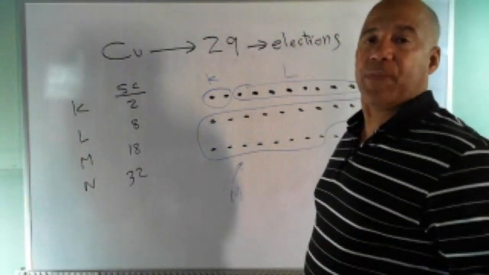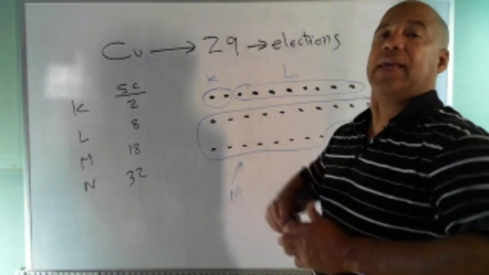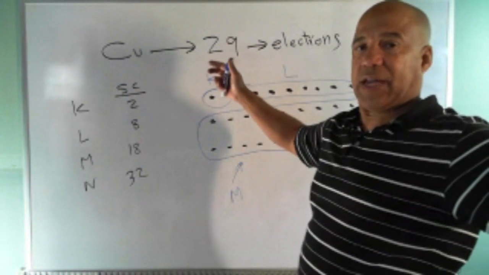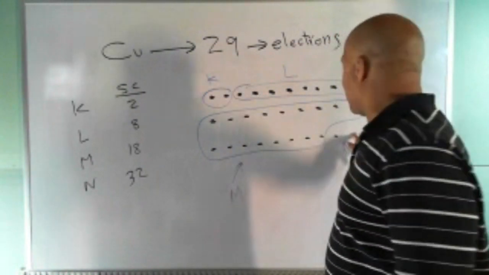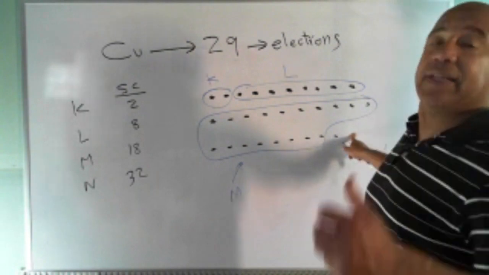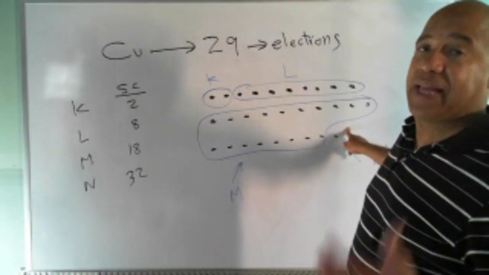So that means copper, the neutral atom of copper, has one valence electron in the outermost shell. Well, if it's in the outermost shell, it's a valence electron, right? So there's one valence electron in copper, which makes it a conductor. If there had been 4 here, it would be a semiconductor.